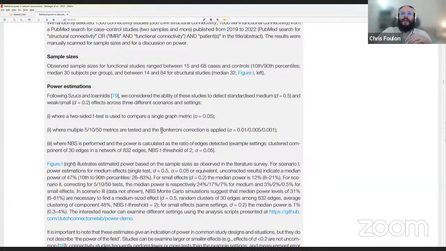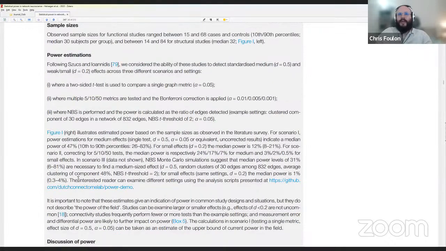And the classical way is to use the Bonferroni correction, which is good to avoid false positives, but it's also very strict. So it's increasing a lot the number of false negatives. So that's why you have a massive drop of the statistical power.